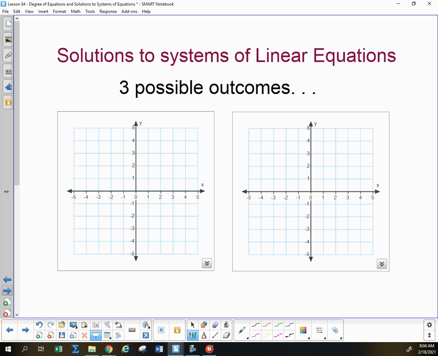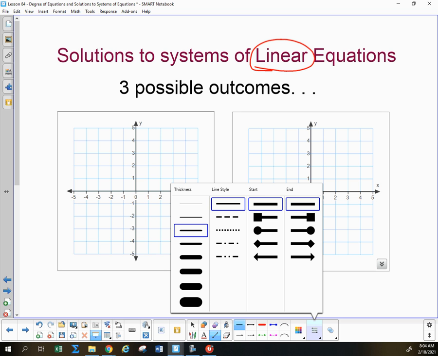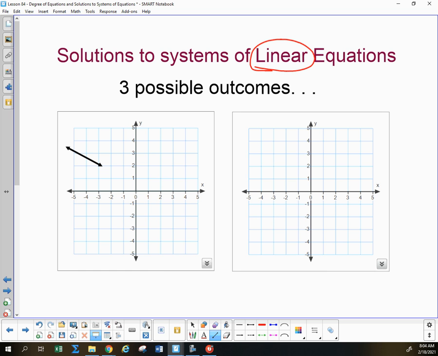Okay, another thing that is more or less review for us, because we've been doing a bunch of these by hand, graphing them by hand, graphing them on the calculator, doing the algebra by hand. If we have linear equations, that means we are graphing lines. And what we have been doing up to this point in time is we've been graphing something like maybe this, and maybe this, and then what have we done when we got to that point?